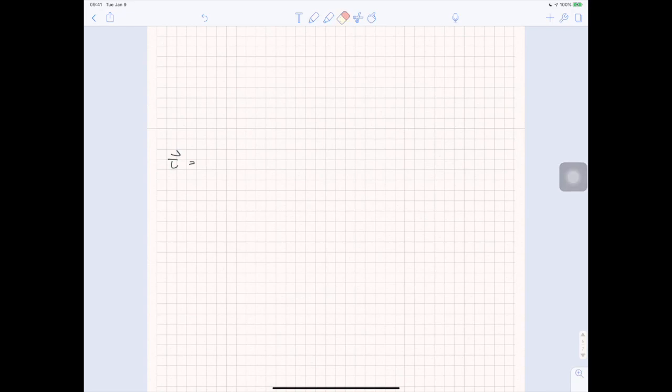So this is R1 cross T1 plus R2 cross T2 plus RB cross FB plus RC cross FC.